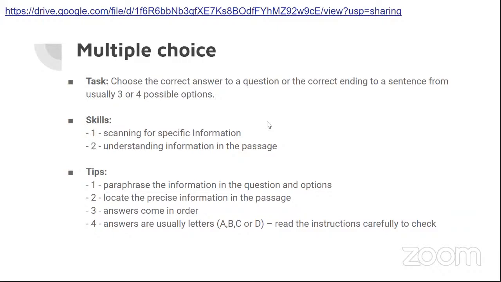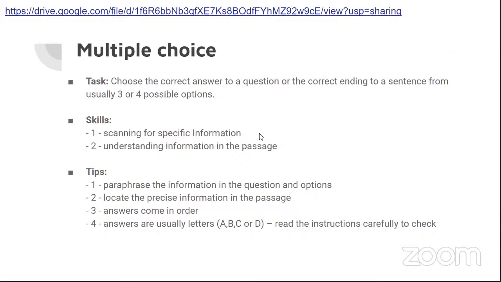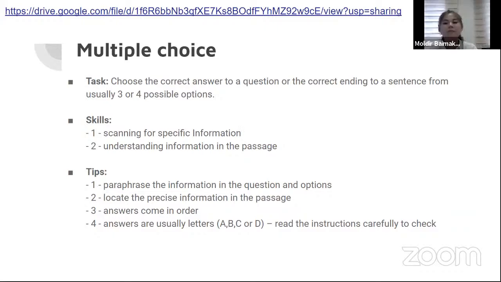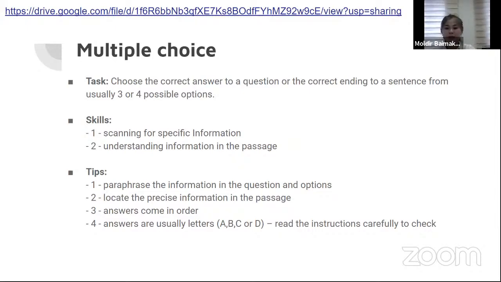When you say answers come in order, does it mean, for example, the first question is about the first 20 lines, and the second question will definitely be after these 20 sentences? Yes, exactly.